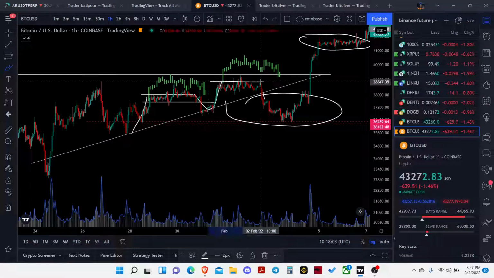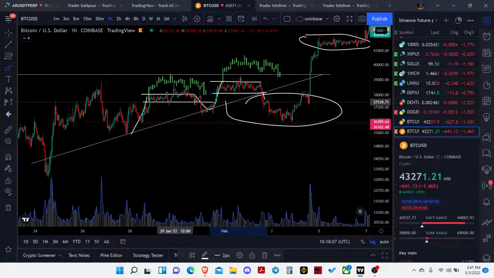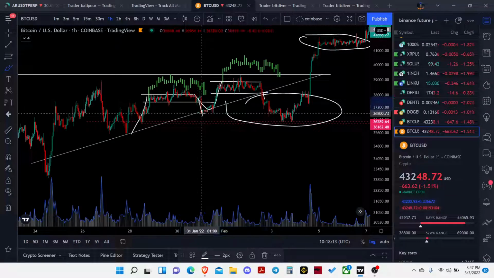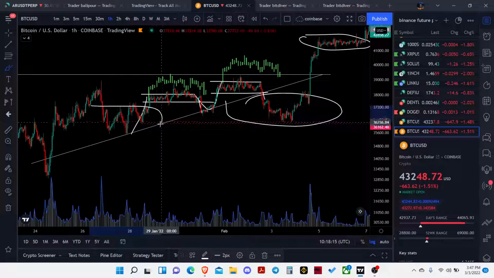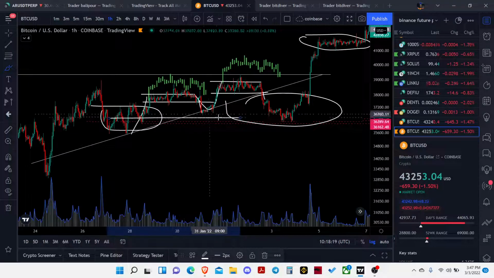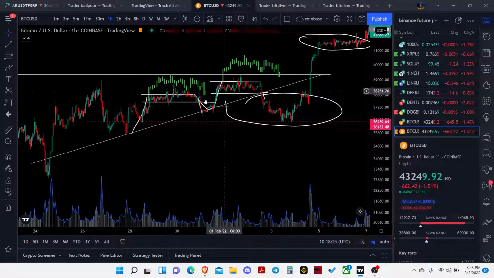This is creating a bracket or a range within the value area and creating an imbalance, and getting a bounce from this range, the POC of this range. And that's how the market always works.